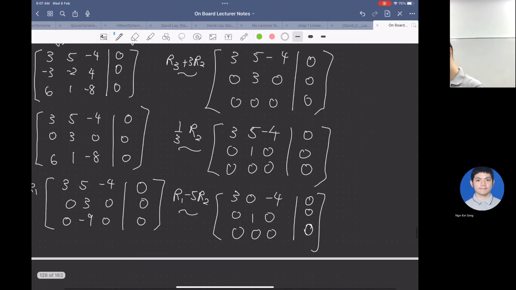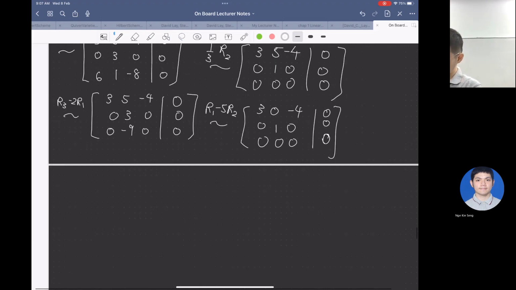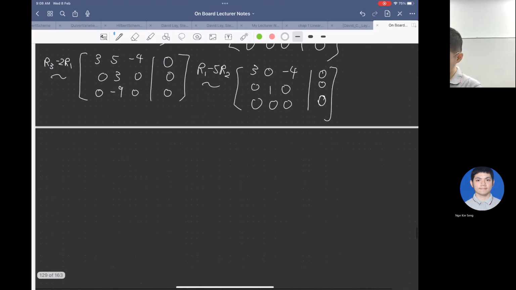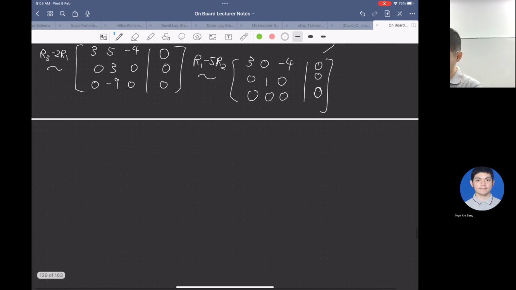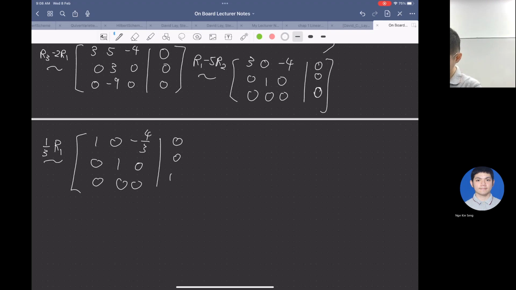What's the last step? I need to make the first leading entry the pivot, so I scale, and I get the reduced row echelon form.